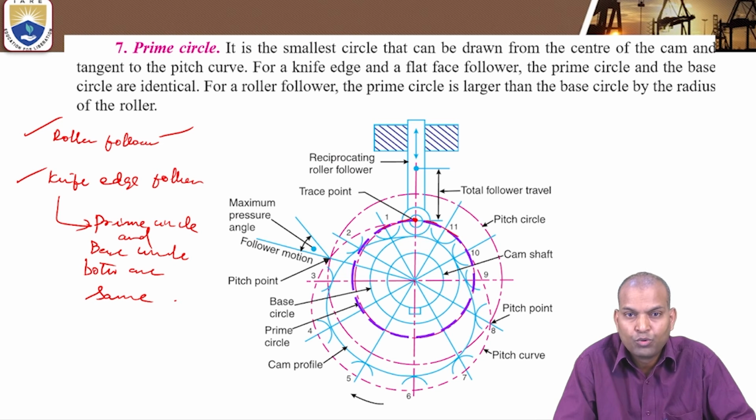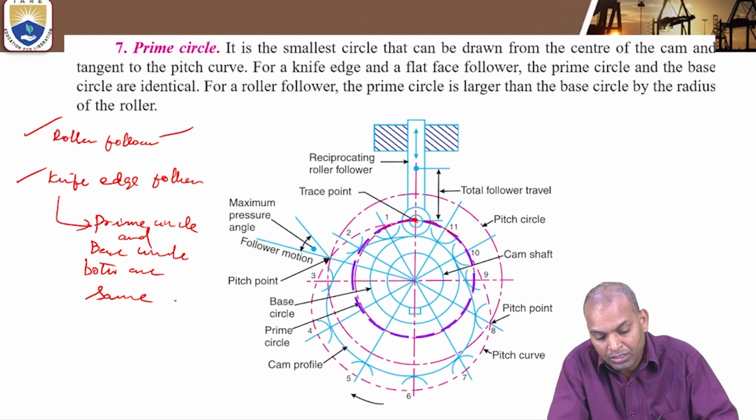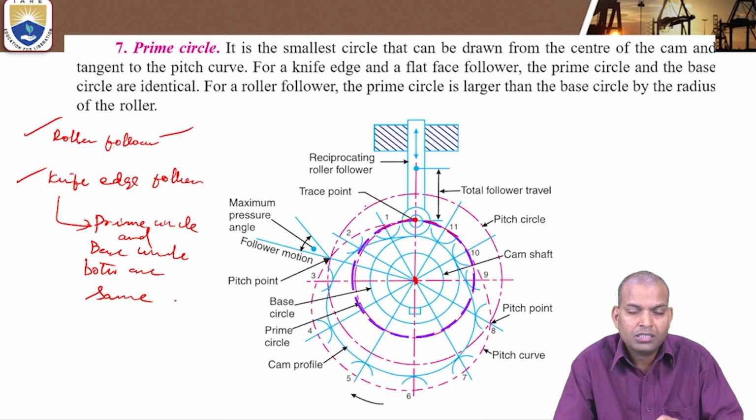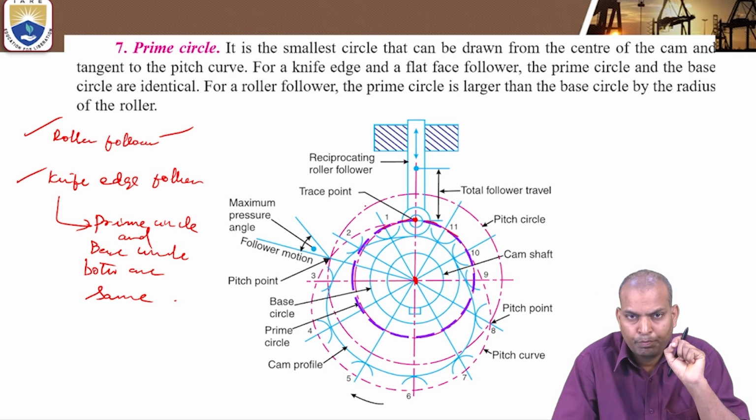We cannot call it tracing point, but here it is the center of the roller. Taking the radius from the center of the cam through the center of the roller and drawing a circle, that circle is known as prime circle. This prime circle is so important for drawing the cam profiles in the case of roller followers.